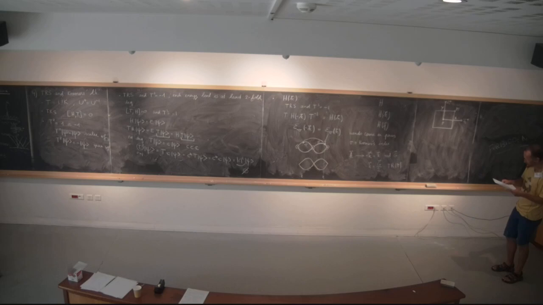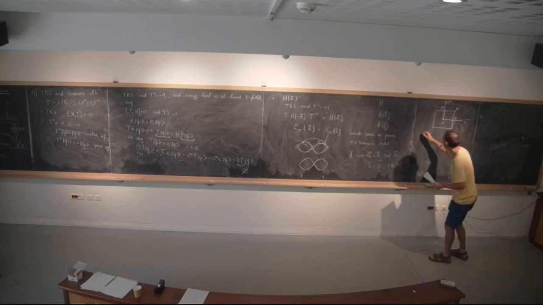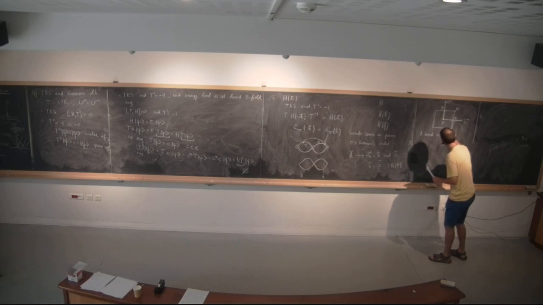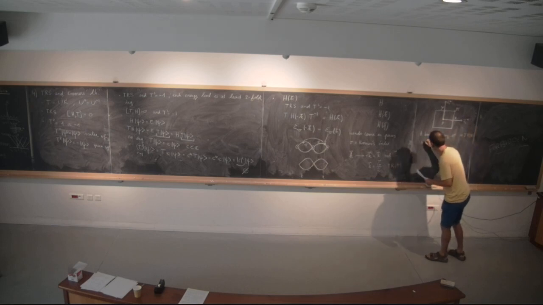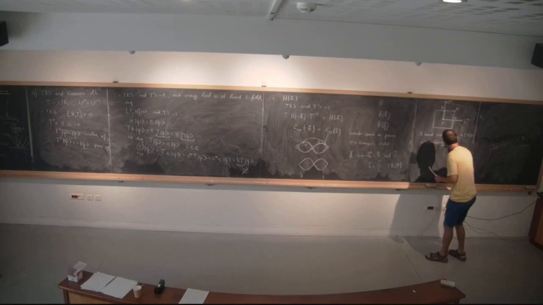Okay. So a band crossing at a TRIM is mandatory because of Kramers' theorem.